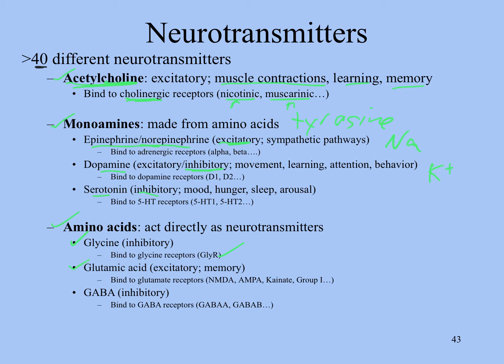You have glutamic acid, or glutamate, which binds to different types of glutamate receptors, NMDA, AMPA, kainate, group 1, found in different regions of the nervous system and performing slightly different functions. And then GABA, which is gamma aminobutyric acid, which will bind to GABA receptors. And if you notice, there are different types of GABA receptors, GABA A, GABA B, and all GABA are inhibitory.